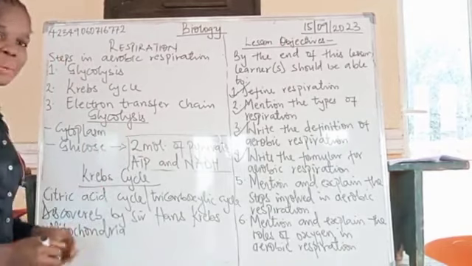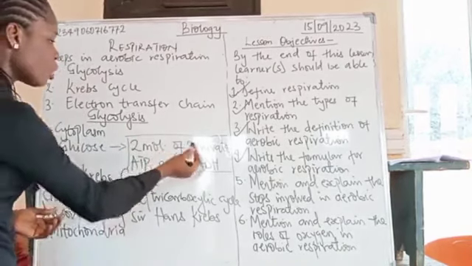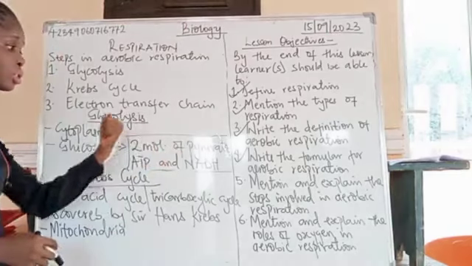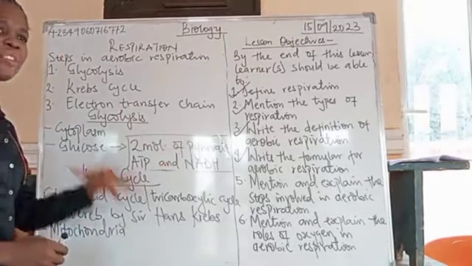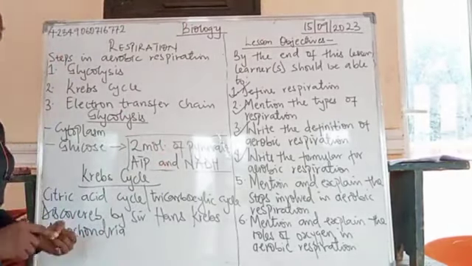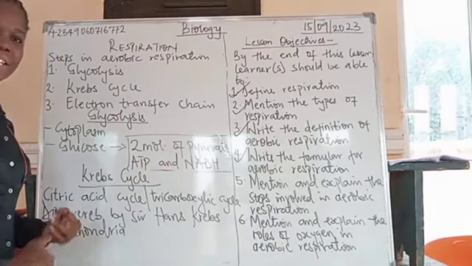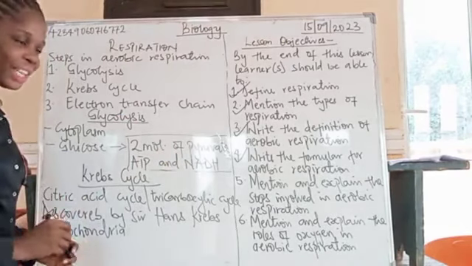So in the process of Krebs cycle, these two molecules of pyruvate that were produced from glycolysis are further broken down to carbon dioxide, NADH, and FADH2.